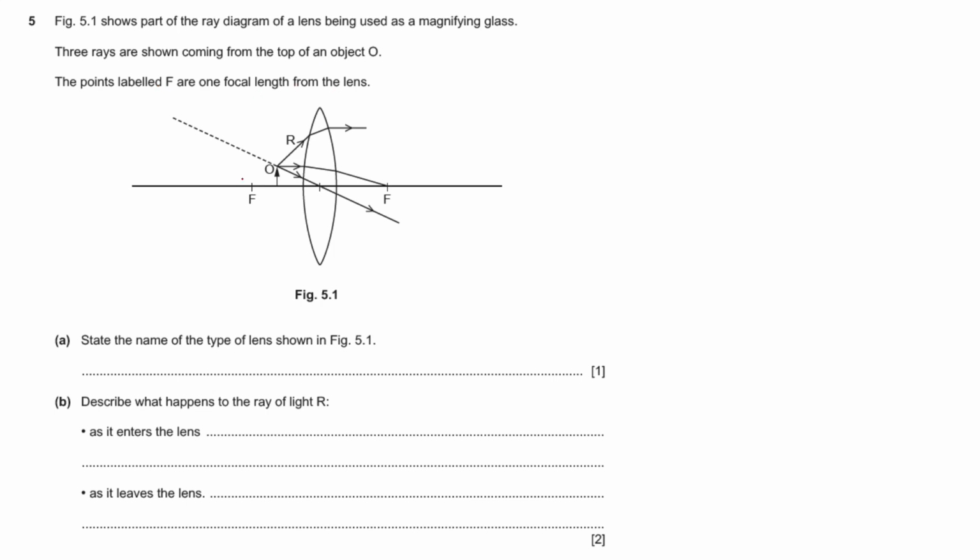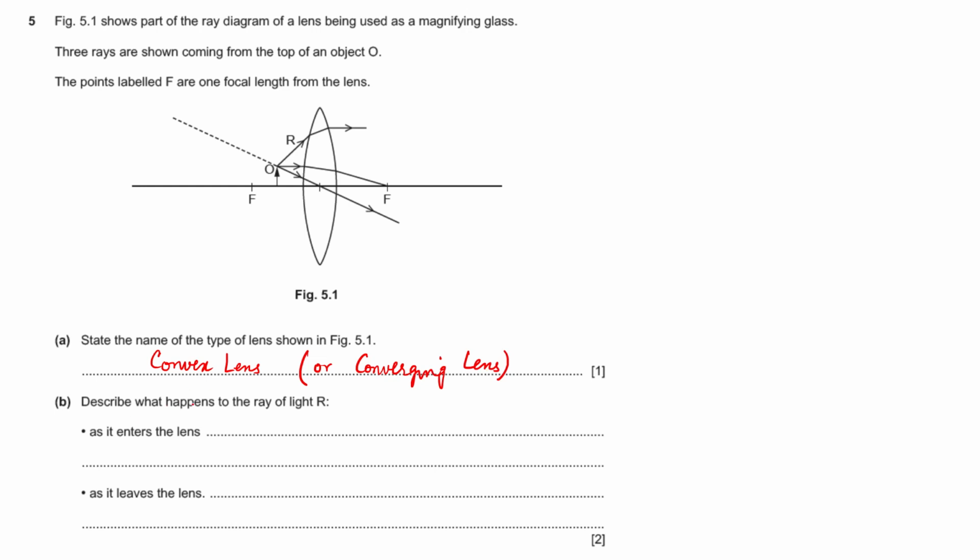So F is the focal length of the lens. State the name of this lens. So this is a convex lens, or a converging lens. So for the name of the lens, you can write convex lens, or you can write converging lens.